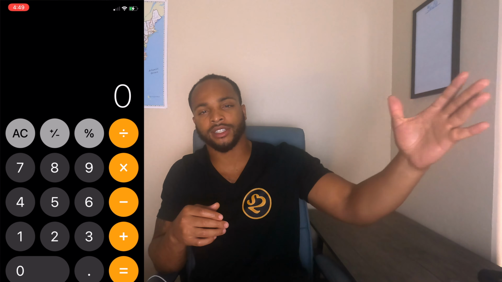When you divide it by the $100,000 mark, you are able to calculate your decimal, then you turn that decimal into a percentage, and that's how you find out the percentage of your cash on cash return.